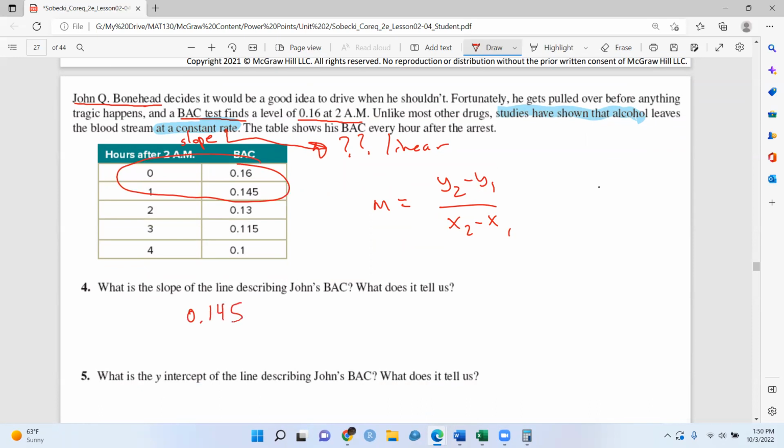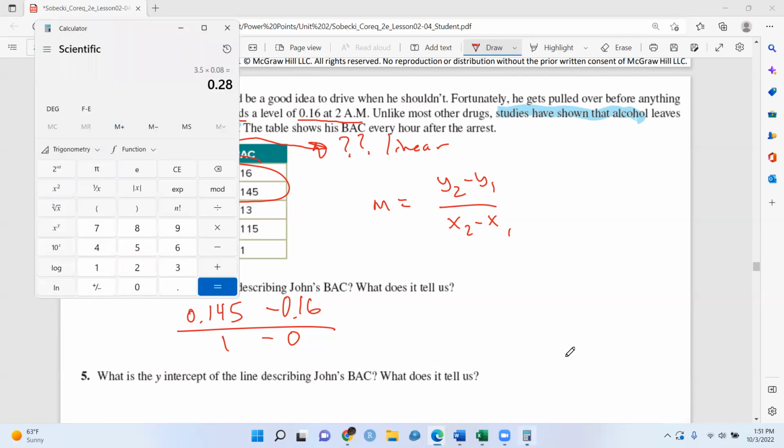So I'm going to do 0.145 minus 0.16 divided by 1 minus 0. A constant rate of change means that rate of change is the same for each hour, I think we're assuming here. So 0.145 minus 0.16, divided by 1, is that.